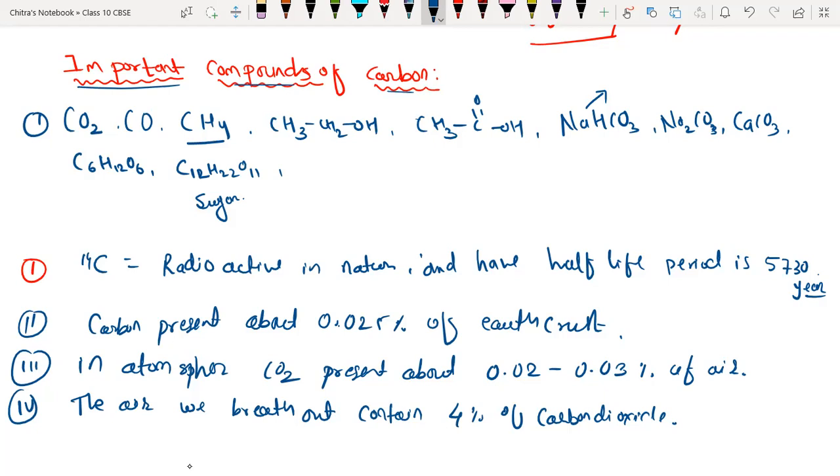But it was recognized as an element by Antoine Lavoisier. Do you know who Antoine Lavoisier is? Father of chemistry, father of modern chemistry. Okay, take a screenshot.